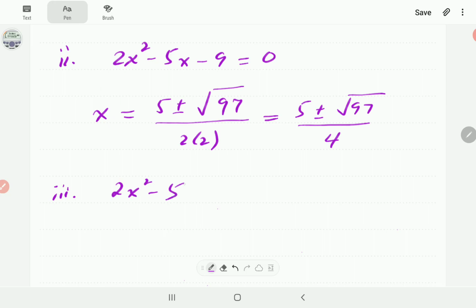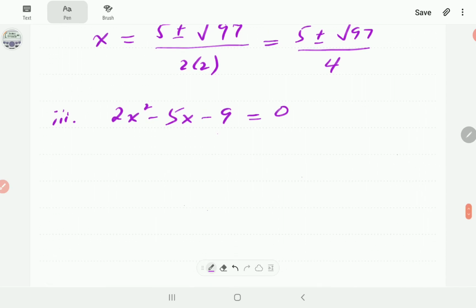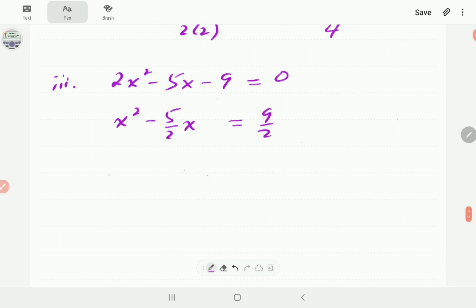Similarly to what we did in A, here we're going to have to first divide by 2. So if we divide by 2, it's going to be minus 5 halves x. The 9 we take to the right hand side. And then we write this as something squared.